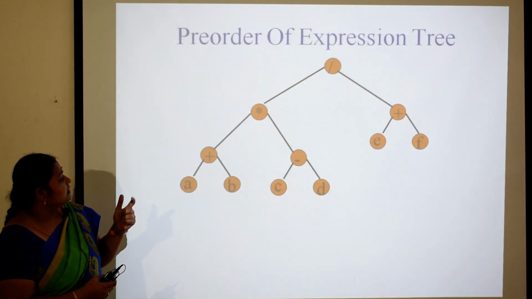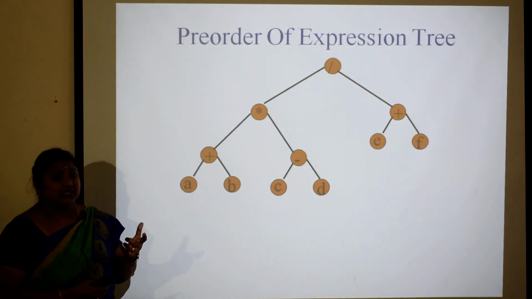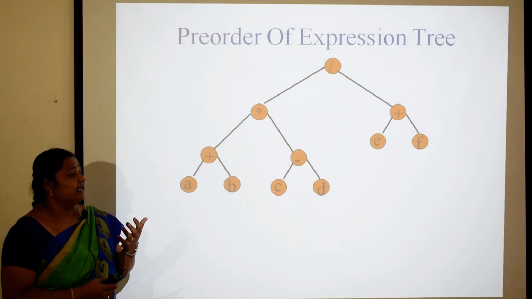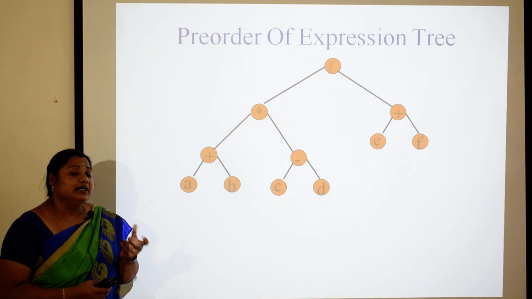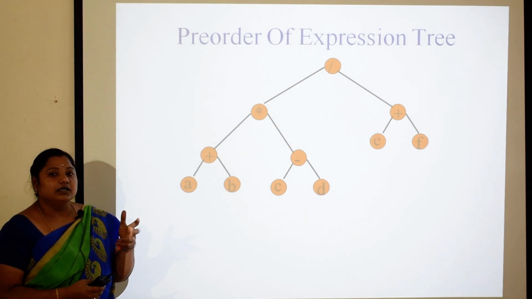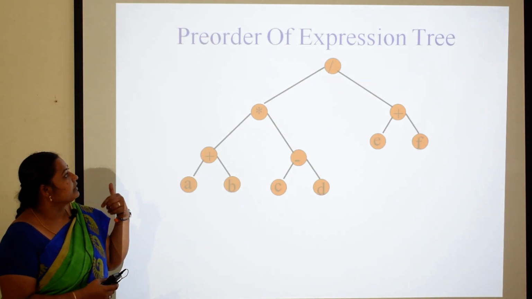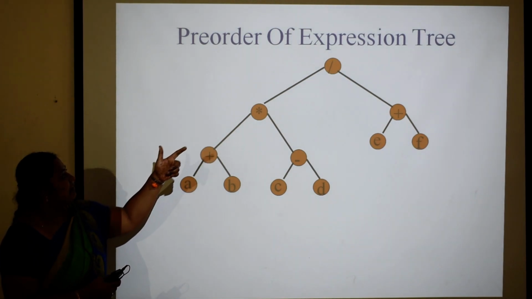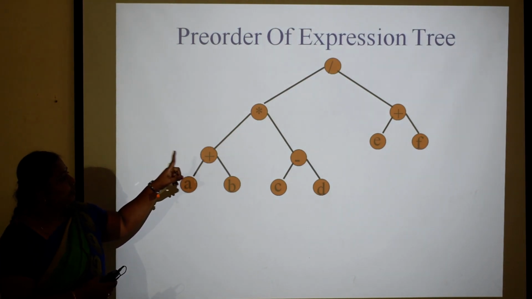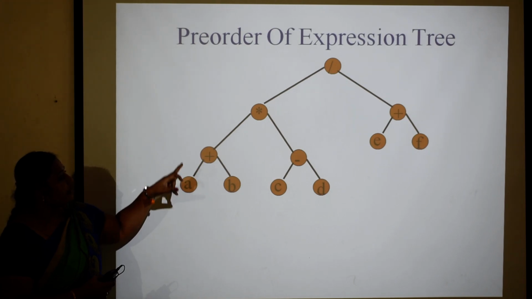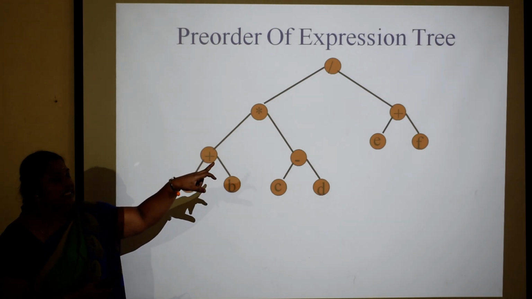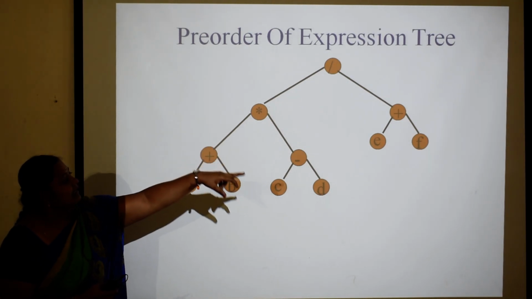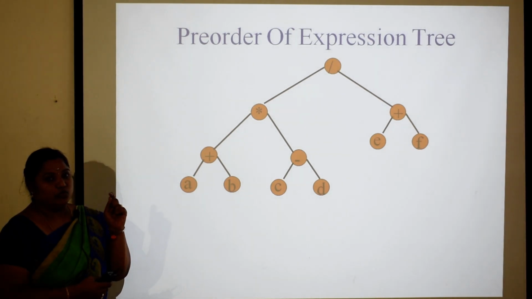Next one. This is an expression. If the nodes are given as alphabets, it is easier. If an expression is given, then we have to go with the pre-order traversal: root node, then the leftmost left node, then the right nodes of each parent node, then the last leaf node of the right child.